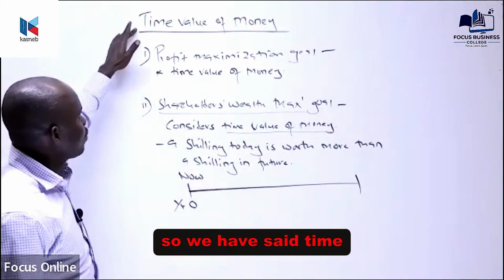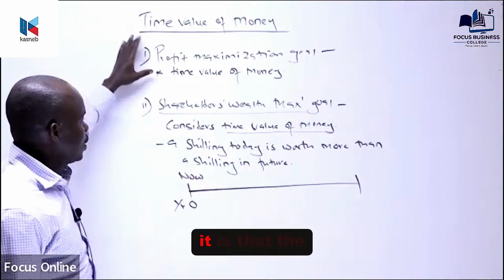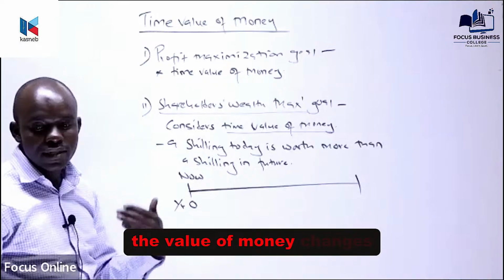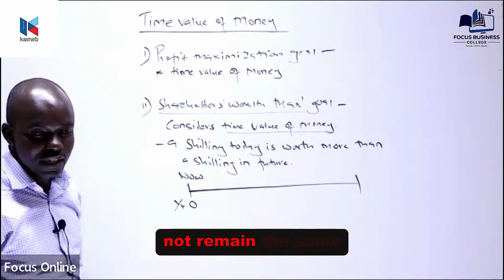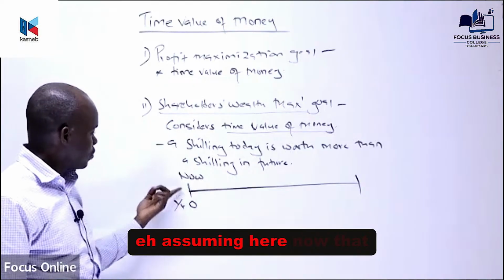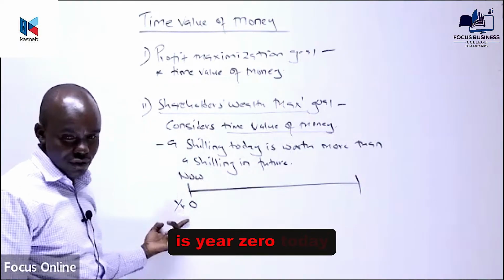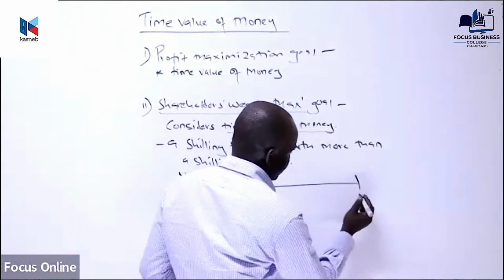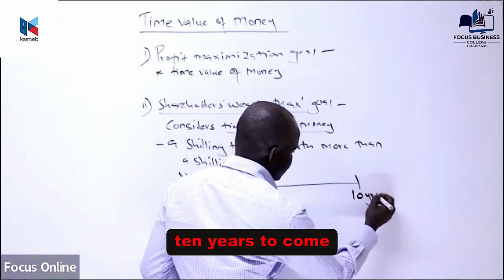So we have said time value of money. It is the fact that over time, the value of money changes. The value of money does not remain the same. And I'm saying, assuming here that now is year 0, today, and we have 10 years to come.